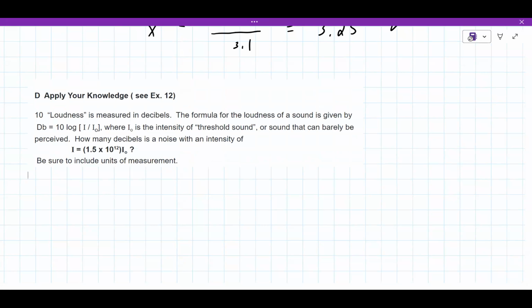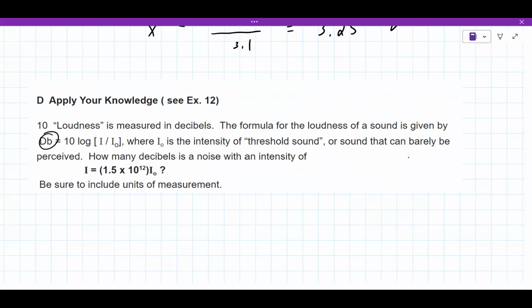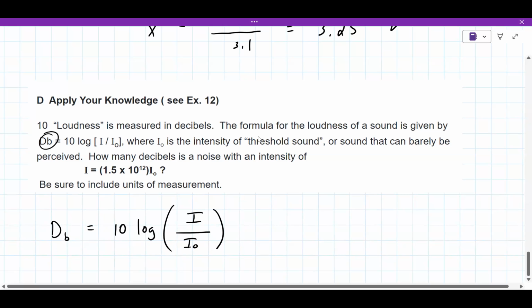They're saying loudness is measured in decibels, and the formula for loudness of a sound is given by this formula, which is not formatted well. It's not 2 variables here. It's just the output. You can think of it as dB is 10 times the logarithm of I divided by I0. And they say where I is the intensity of a threshold sound. So think of I0 as a kind of standard sound, something that you would normally hear.